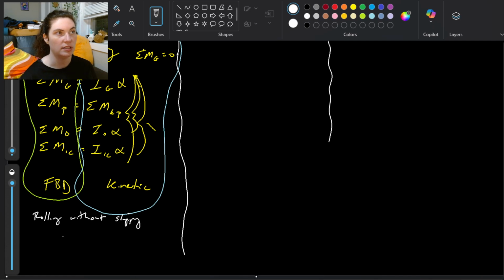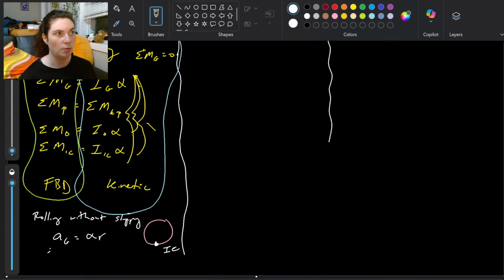One of those is that when we're rolling without slipping, a_G equals alpha times R. That's one really handy thing to remember. Another one is remembering where our instantaneous center of zero velocity is when we're rolling without slipping. And that is at the bottom where it's touching the floor. We can use that IC for rolling without slipping.